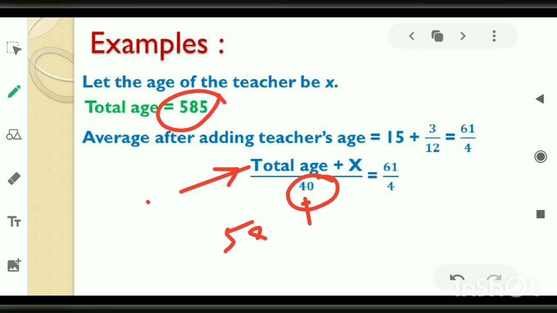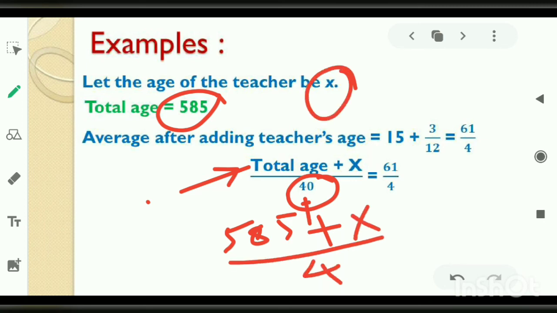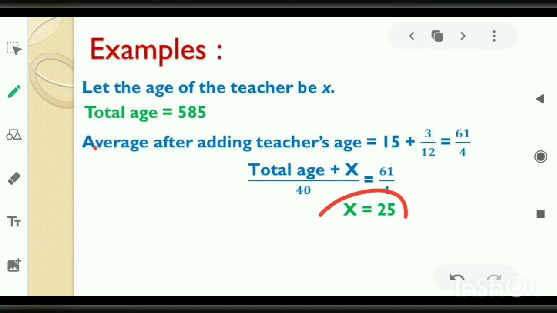So, 585 plus the age of the teacher, which we have assumed as x, whole divided by 40 is equal to 61 by 4. Cancelling, we get the equation 585 plus x is equal to 610. On solving, we get the age of the teacher x as 25. So, the age of the teacher is 25.